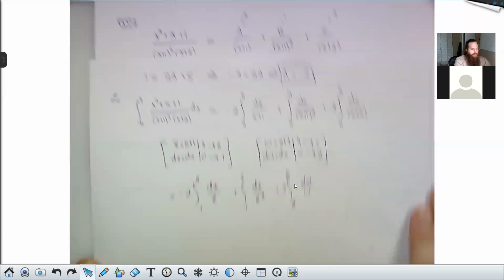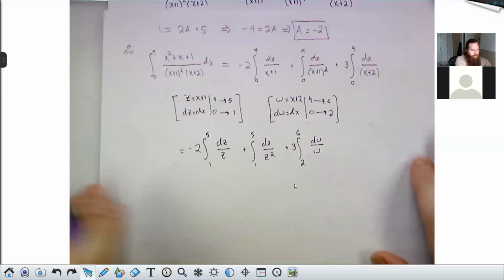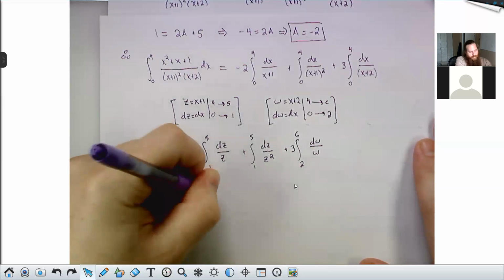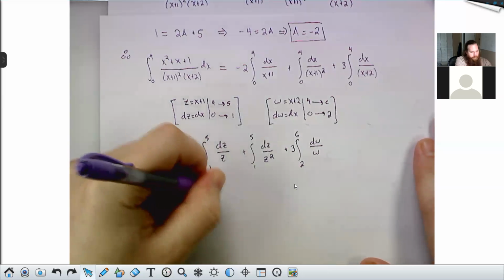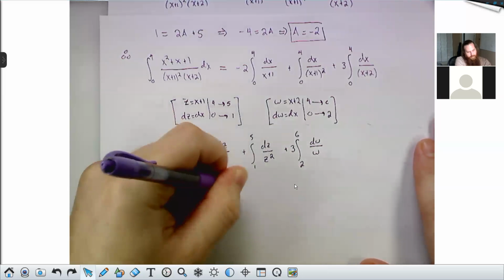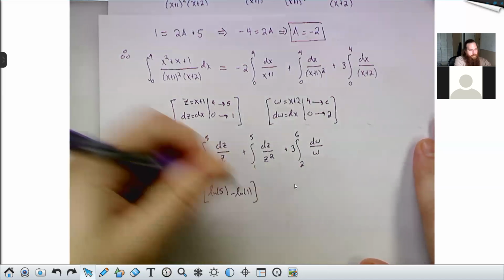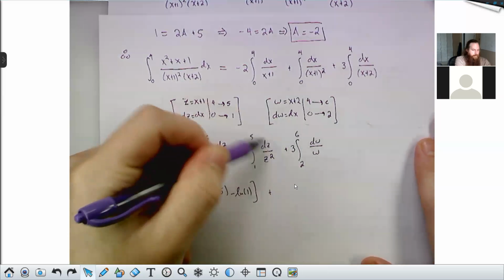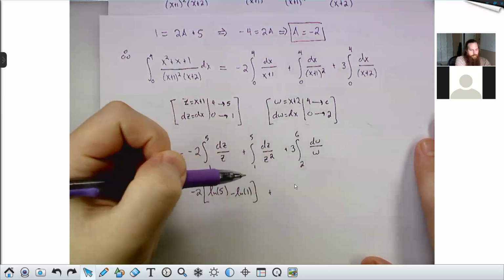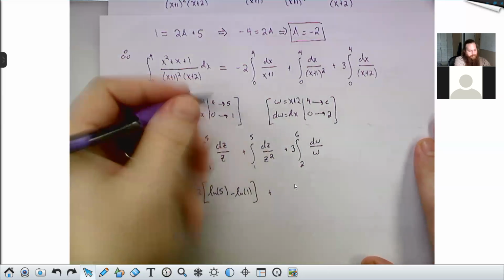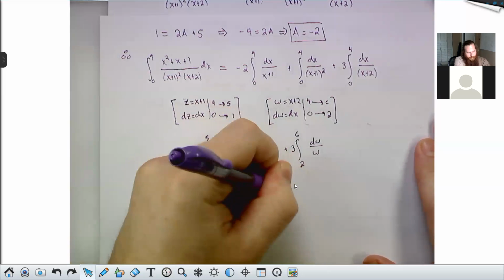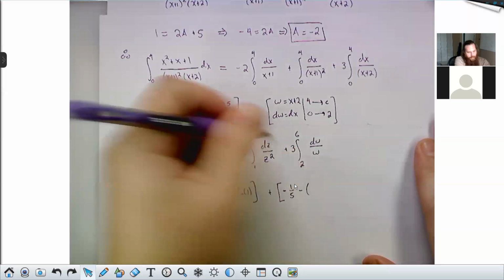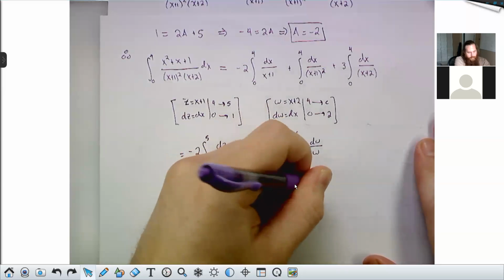But the upshot is, I'll get negative 2 times the natural log of 5 minus the natural log of 1 from my first integral, plus here the antiderivative for z to the negative 2 is negative 1 over z. So this will be negative 1/5 minus negative 1 over 1.